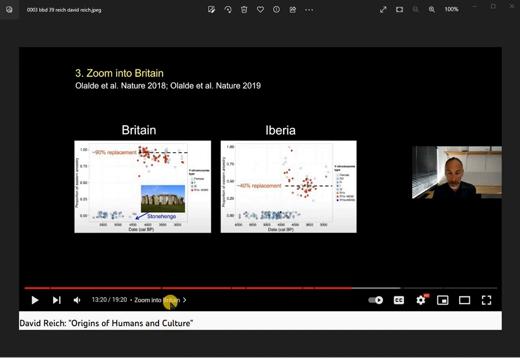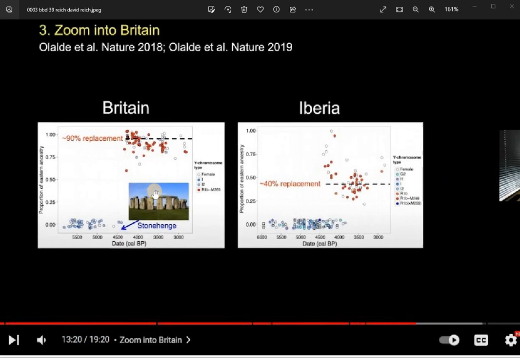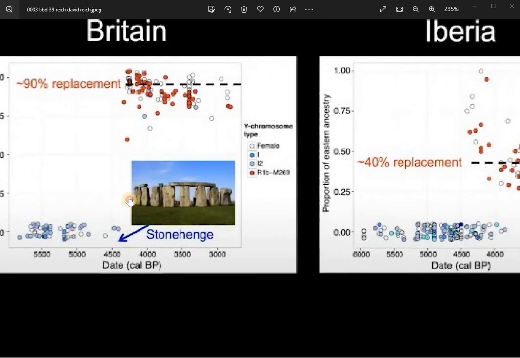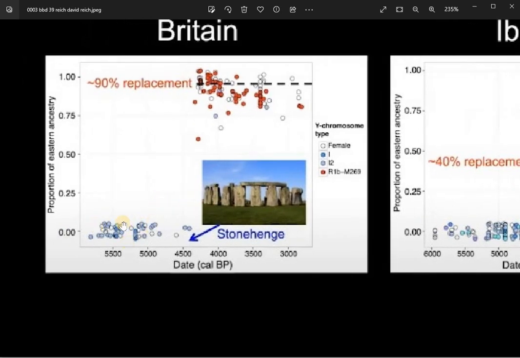This is the chapter Zoom into Britain, and you can see that the former haplogroups were I and I2, and they are turned over roughly between 4,000 and 4,500 years ago by the red dot, which is R1B, which I showed you in the map before.